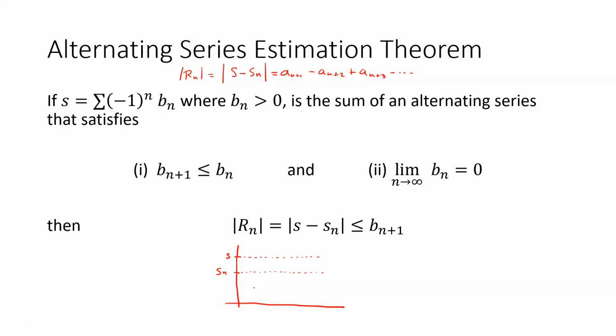So if we look at how the values of Sn progress, going out to the nth term, we know that adding Bn plus 1 here would give us Sn plus 1 up here.